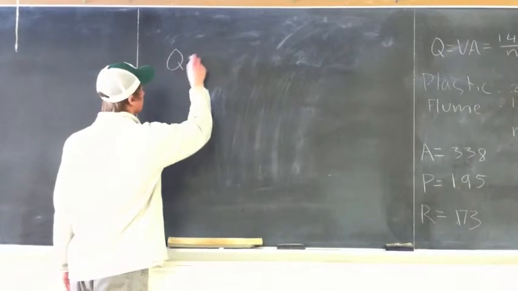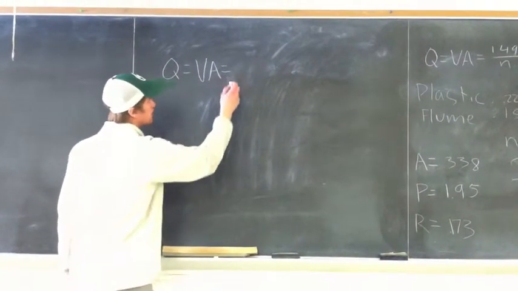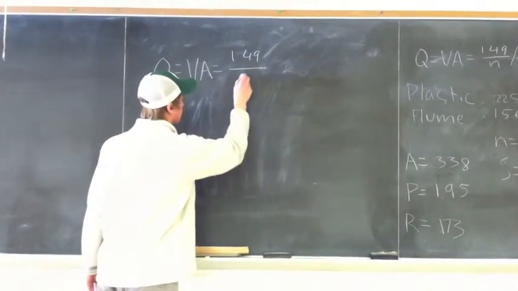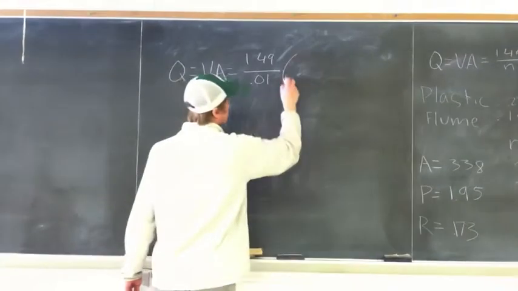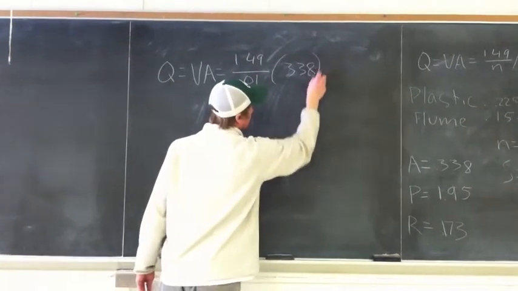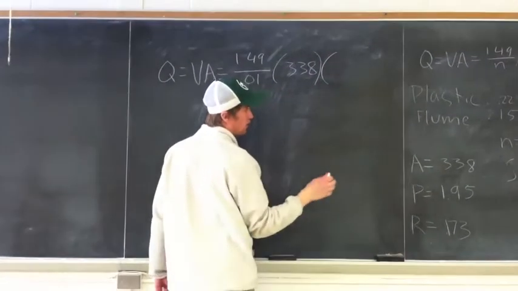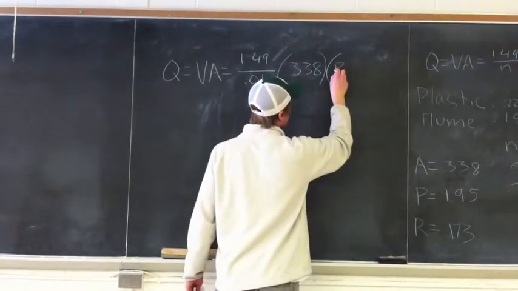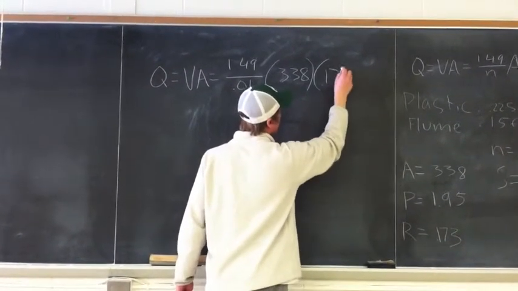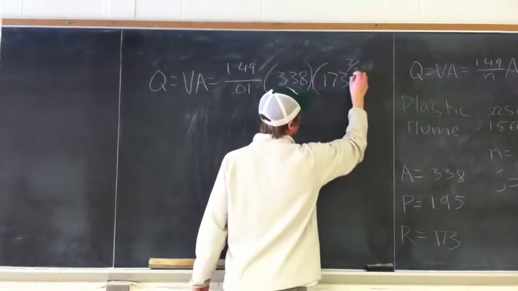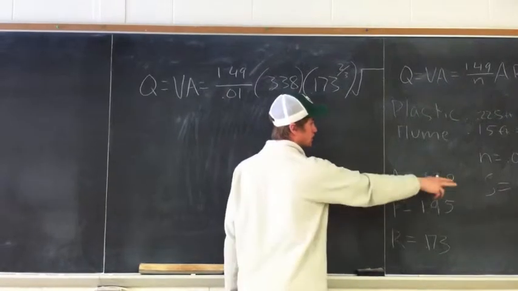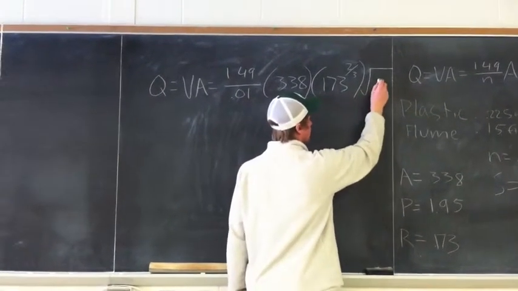So, Q equals VA equals 1.49 over our n, which is 0.01, times A, 0.338, times our R value, which is 0.173 to the 2/3, times the square root of our slope, which is 1%, so 0.01.